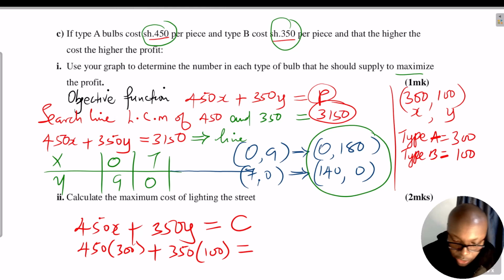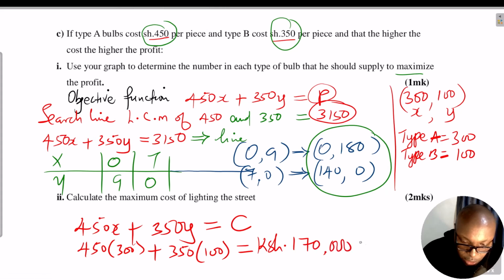Use a calculator to work that out. So this is 450 multiplied by 300 plus 350 multiplied by 100. That will give 170,000. So therefore the cost is 170,000.